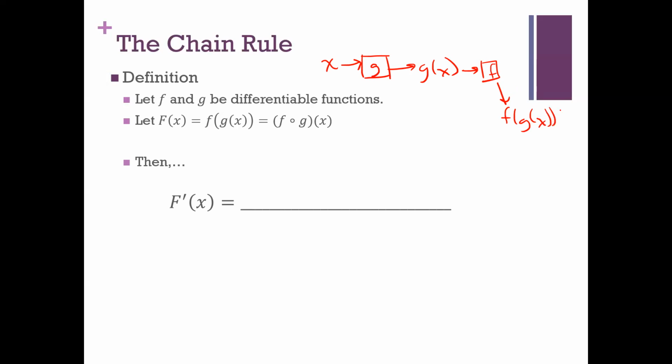So when you do this composition of functions, you're taking some input and running it through two different processes in series, in cascade, one after the other. So when you take a derivative, you're going to take it from either the end back or the outside in, however you want to see it. The first thing I'm going to do is take the derivative of the last function my input went through.